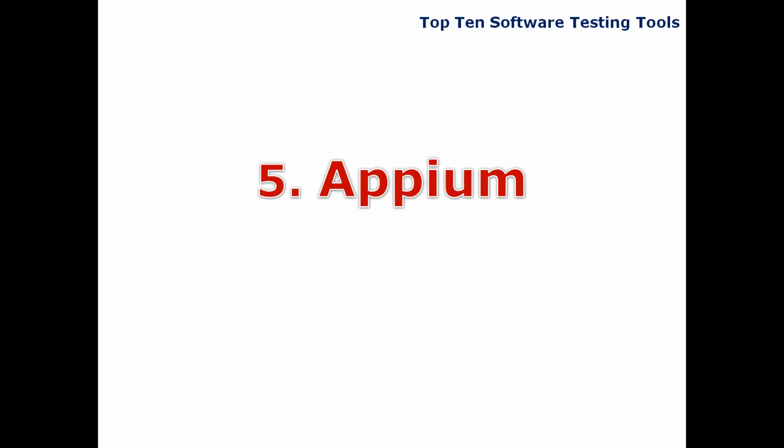Appium validates the compatibility, usability, and response time of mobile browsers and applications across various mobile devices. Automation tests in Appium can be run on mobile devices, simulators, and emulators.